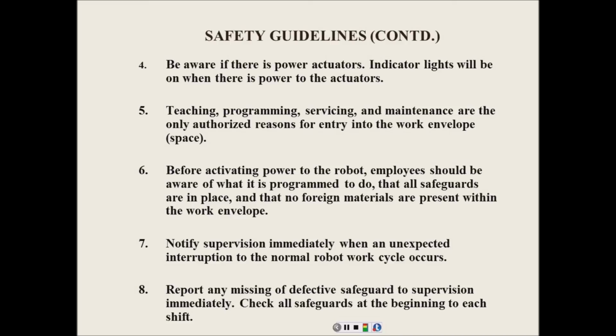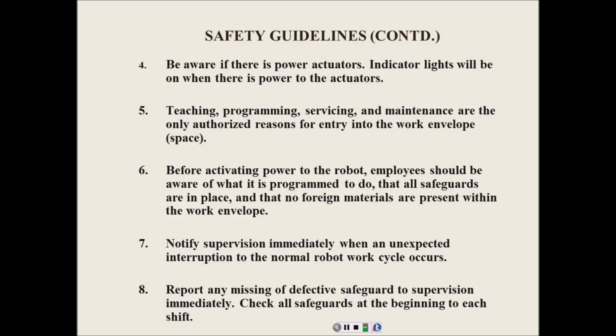Teaching, programming, servicing, and maintenance are the only authorized reasons for entering the work cell, so we're okay there. Before activating power to the robot, employees should be aware of what it is programmed to do, that all safeguards are in place, and that no foreign material is present within the workplace. And we're going to be doing that. We're going to be putting paper on there, and you need to keep your workspace clean, right?